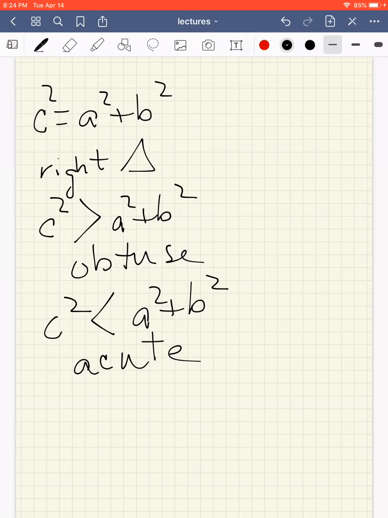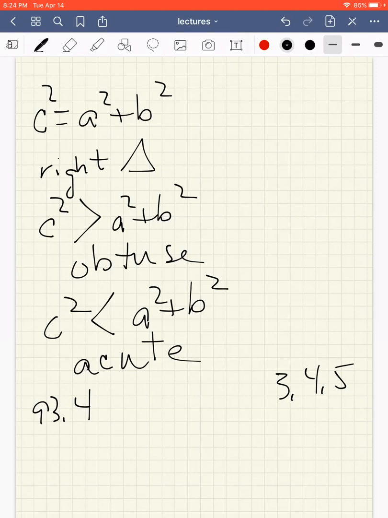So if you look on page 544, the problems are going to be like this. They're super simple. It says, is the triangle whose sides are 3, 4, 5 a right triangle, an acute triangle, or an obtuse triangle? Yeah, I know we already know the answer to this one, but let's just play along and show how to put it in the formula. It's 3, 4, and 5, so 5 is the biggest one.